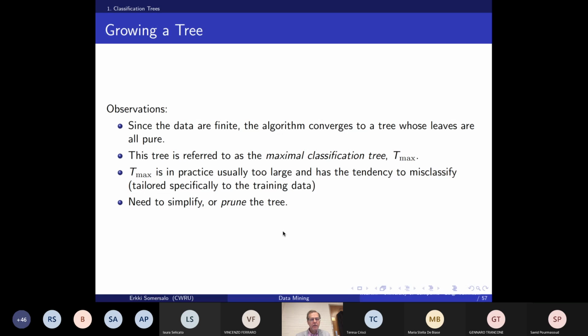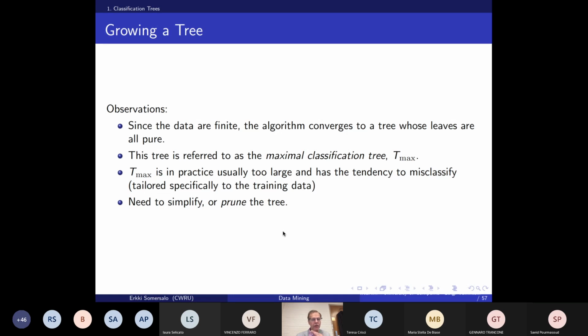Now in practice, this Tmax may be so large that it may be a burden to use such a tree for classification, but it may also have the tendency to misclassify. And why is that? Because you're using the training data, and the training data is, of course, as any data, possibly noisy.